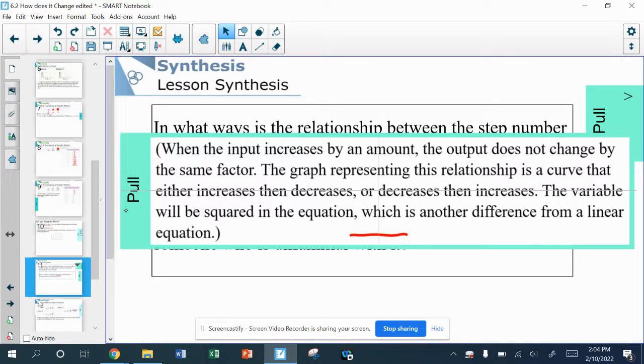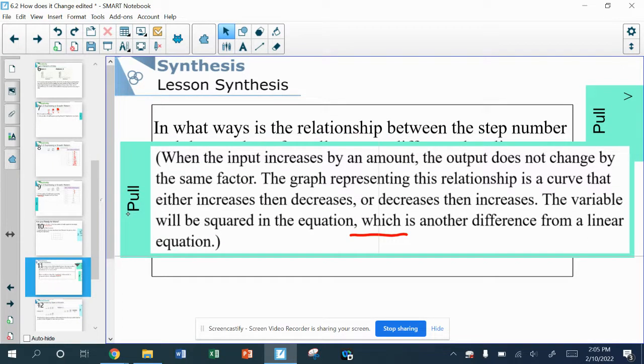It will be a curve, and that curve, we've only looked at part of these kind of graphs. It's either starting out slow and then increasing quickly, or we can have some graphs that go the other way, where they are decreasing very quickly and then kind of slow down, depending on the part of the graph that we're looking at.